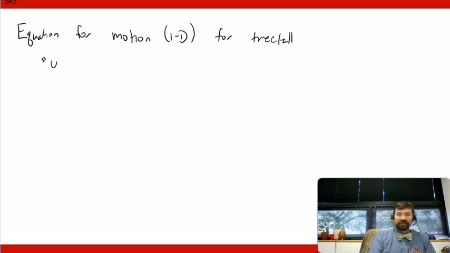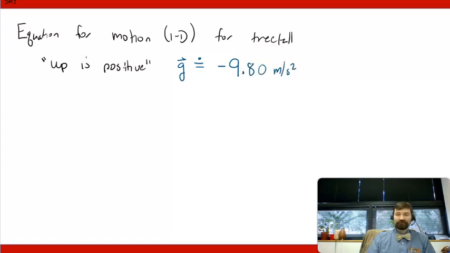So we take up as positive, and in that case, our free fall acceleration, and again I'm using the Earth's value, would be represented by negative 9.8 meters per second squared, or 9.79 meters per second squared. It is negative because it's downward, and it's downward throughout the motion of the object.